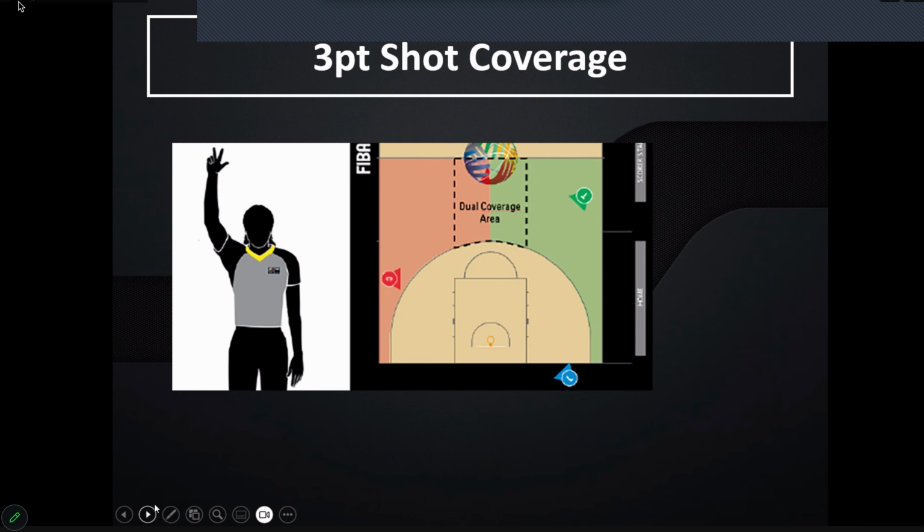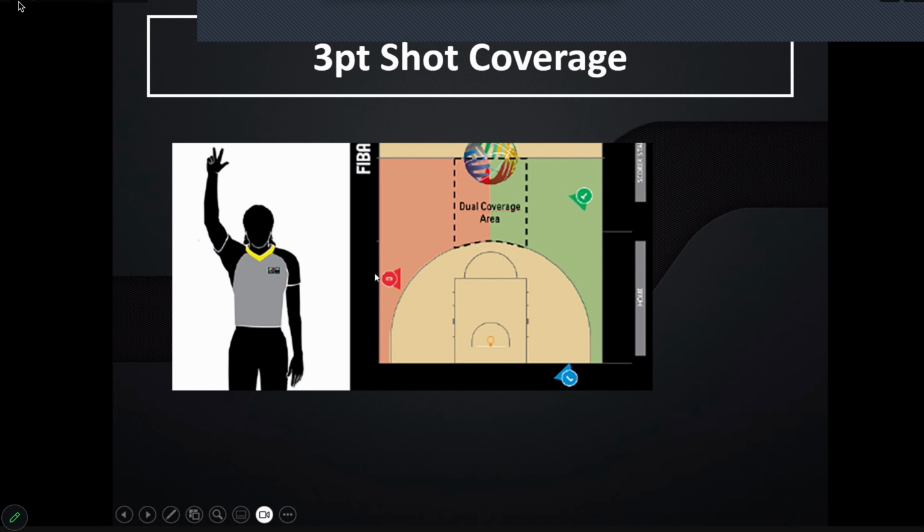Okay. So three-point shot coverage. They call it dual coverage area, so that's going to really depend on how you've done your pregame. A lot of the time we talk about, if the ball's in trail's position and starts coming over here, the center's not going to take it until they get this far over, or past the lane.